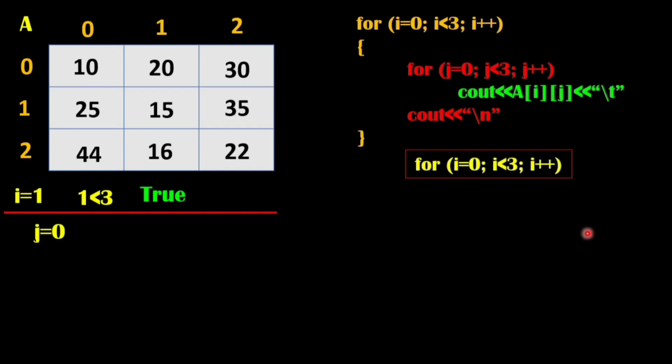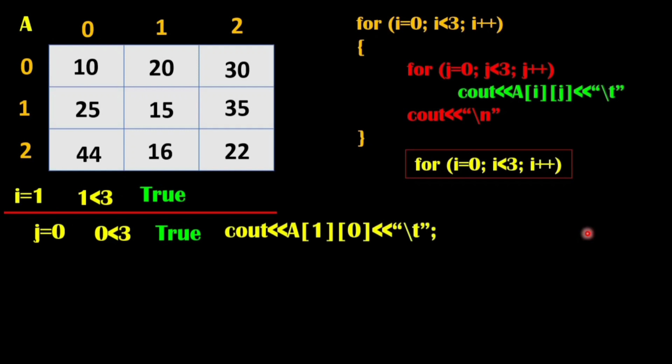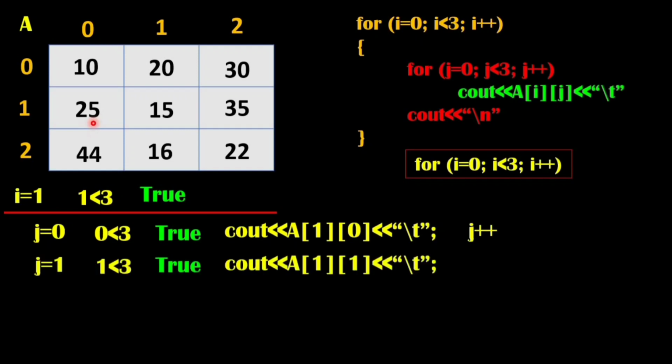So it will enter the loop. Inside the loop we have one more loop. j is equal to 0. 0 less than 3. That is true. So we have the cout statement. Cout a of 1 0 slash t. So it will print the 1 0 element, that is 25. Then the j value will be incremented. j became 1. 1 is less than 3. That is true. Cout a of 1 1. That is 15. 15 will be printed.